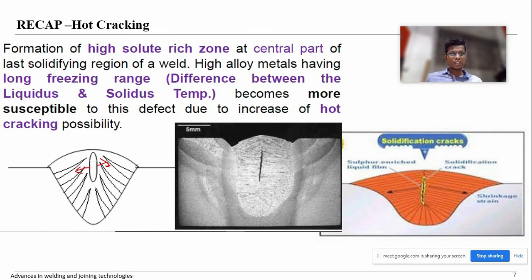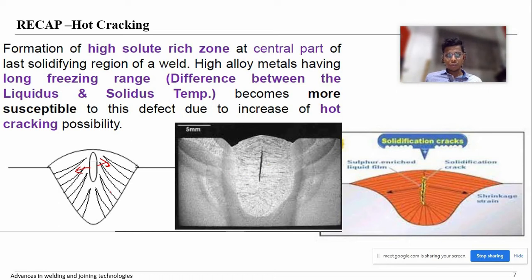The definition is formation of a high-stress zone at the central part of the late solidifying region of the weld, in a high-alloy weld. If the difference between the solidus and liquidus temperature is more, this happens, and such an alloy is very susceptible to hot cracking.